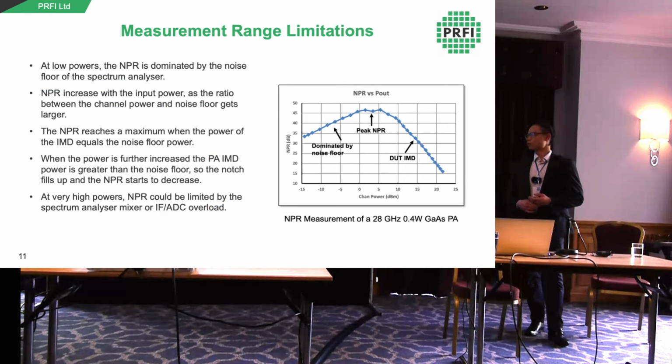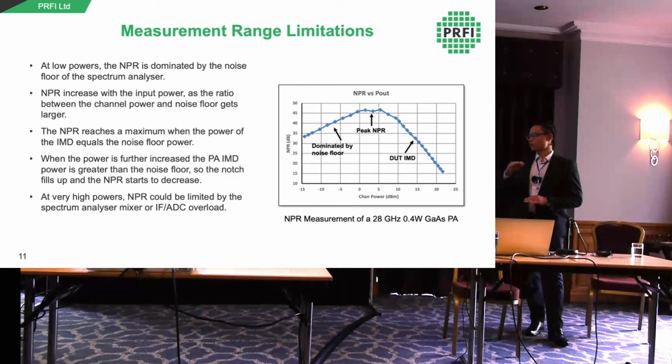When you're measuring NPR, there are some limitations at the low end and the high end. On the low end, it's the thermal noise floor of the spectrum analyzer that sets a limit. When your amplifier's quite linear, the intermod tones are a long way below the noise floor. As you increase the signal power, the gap between the noise floor and the signal power increases, but technically you're not measuring NPR at this point.